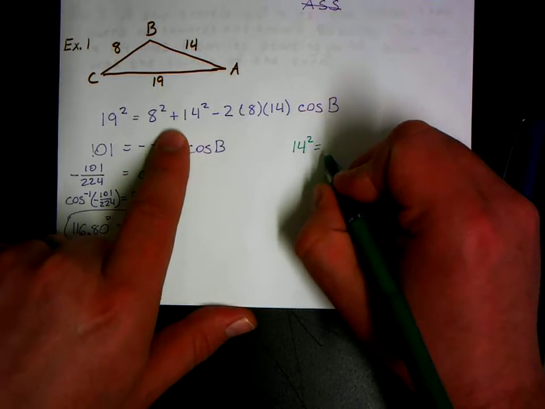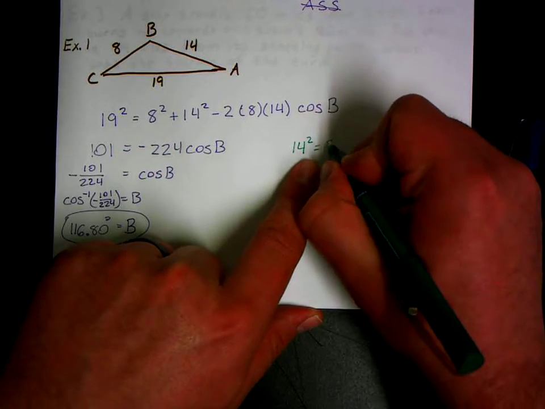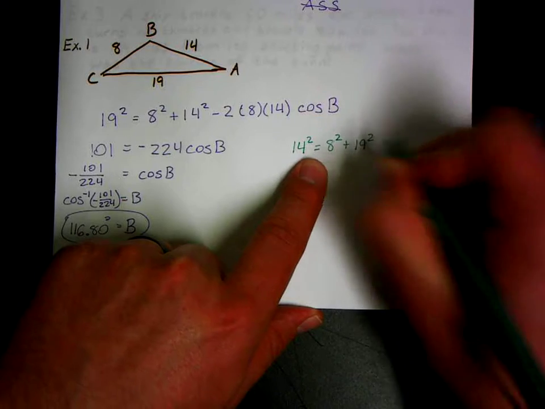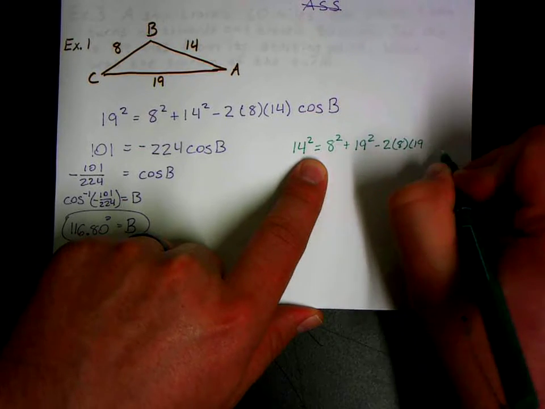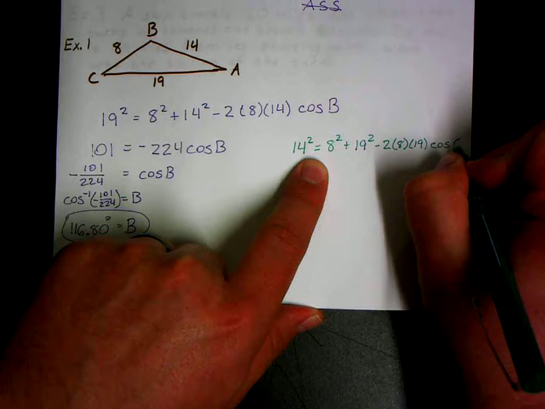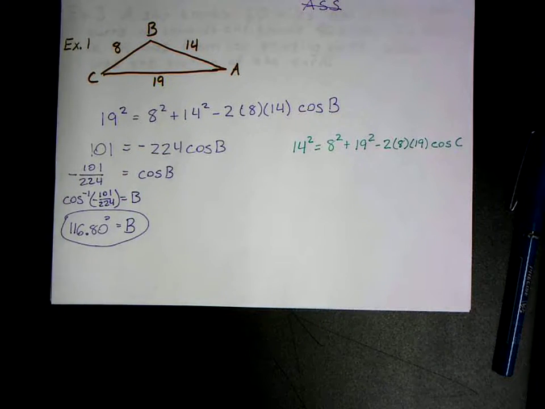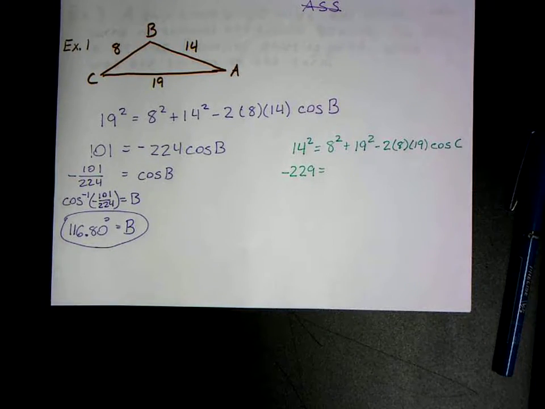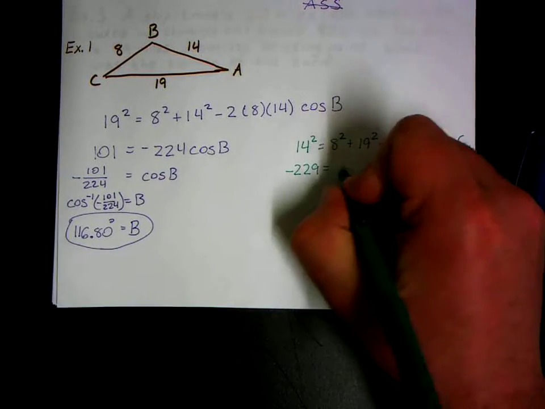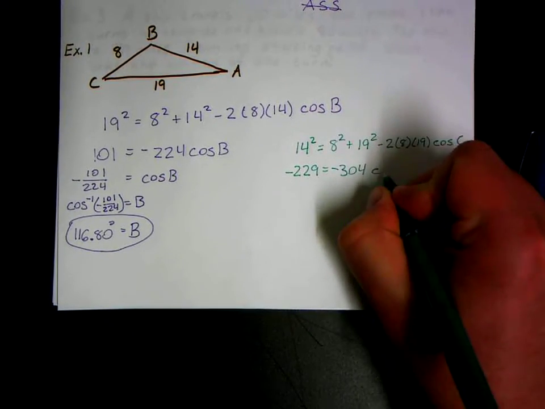Then I put the other two sides across from the 14, so 8 squared plus 19 squared minus 2 times 8 times 19 cosine of C. So 14 squared minus 8 squared minus 19 squared would give me negative 229, equals negative 2 times 8 times 19, negative 304 cosine of C.